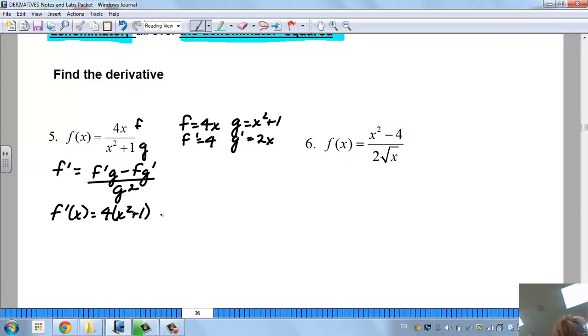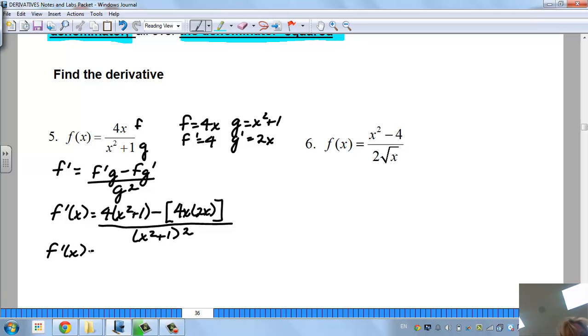Now the difference with the quotient rule is I like to, after the minus sign, put a bracket so that it makes it a little bit easier to do the algebra. And then it's f g prime, so I have 4x times 2x all over g squared, which is x squared plus 1 squared.